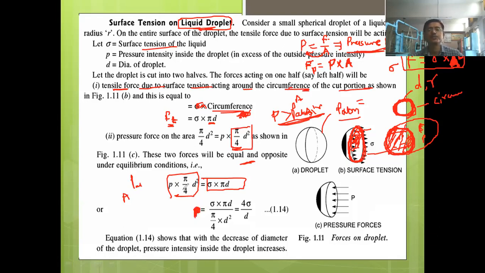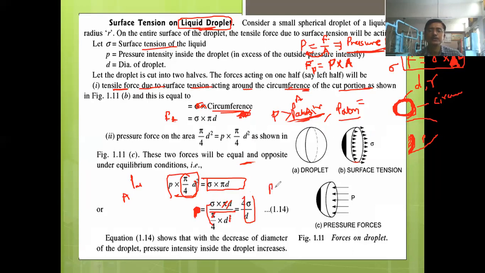So this P is equal to, take this pi by 4 d square on the RHS side. Then you will get sigma into pi d divided by pi by 4 into d square. Now this 4 will come in the numerator, this pi will get cancelled, this d will get cancelled with this d, and you will get 4 sigma by d. So here we got an equation P is equal to 4 sigma divided by d.